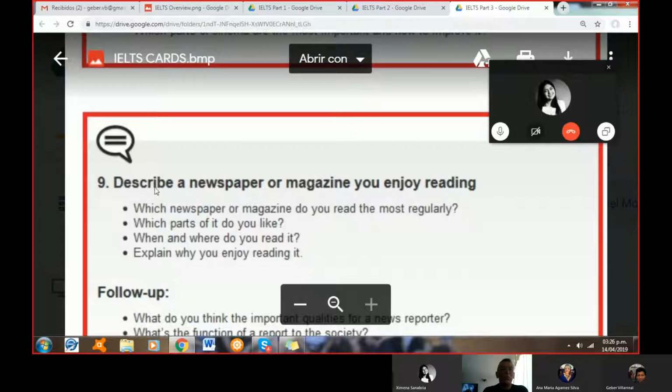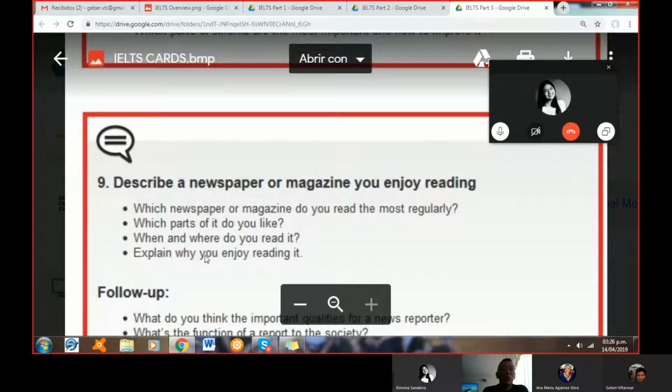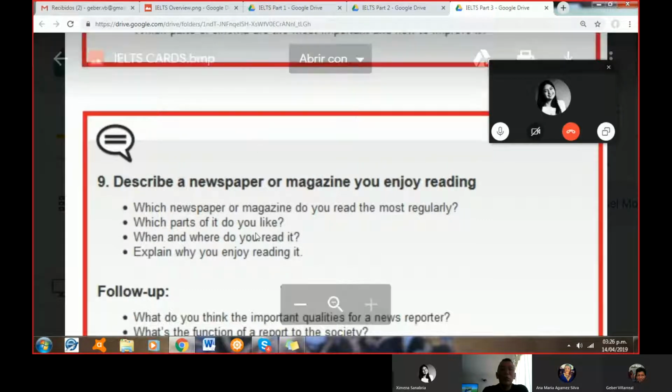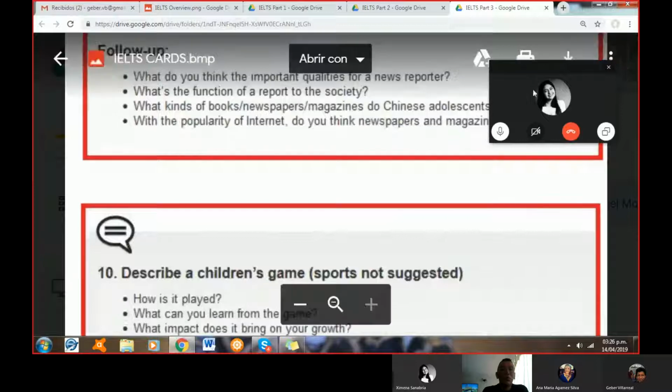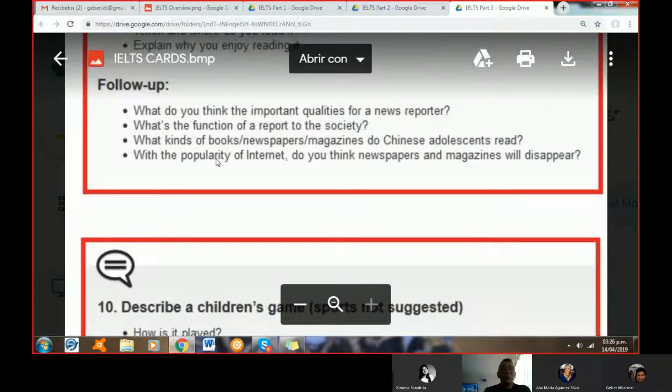Let's say that in part two, you were talking about newspaper or magazine, about enjoying reading those things. Then part three is going to be like this, okay? Are you following me? Good. So this is going to be part three.